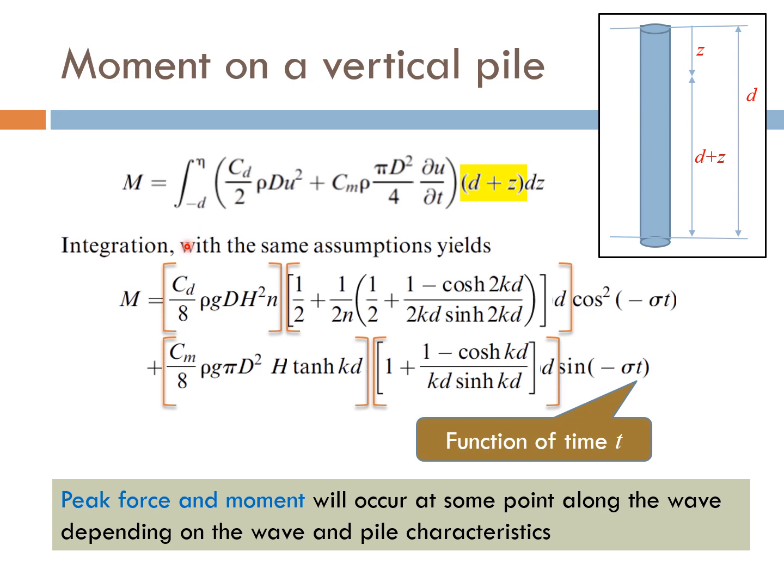The result gives us the expression for the moment, whereby the first line here is the moment due to drag, and the second line here is the moment due to inertia.